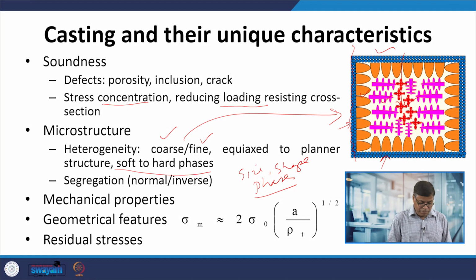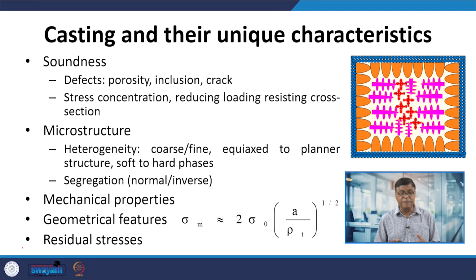Another important aspect related with the casting which adversely affects its performance is segregation. Segregation is about the enrichment of certain elements in a localized manner, that is called normal segregation. In inverse segregation, there is a depletion or deficiency of certain elements in the castings.